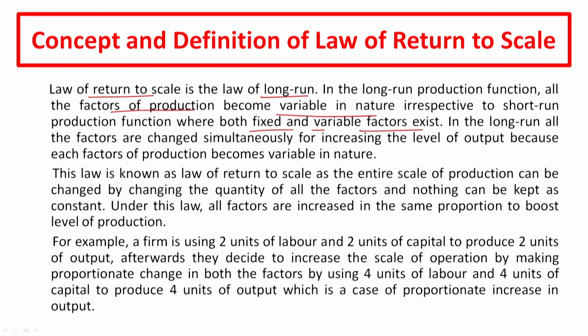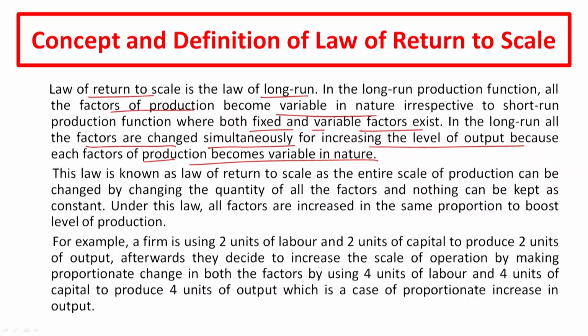In the long run, the factors are changed simultaneously for increasing the level of output, because every factor of production becomes variable in nature. Why the word simultaneously? It means all factors are changed together in the same proportion for increasing the level of output in the long run.